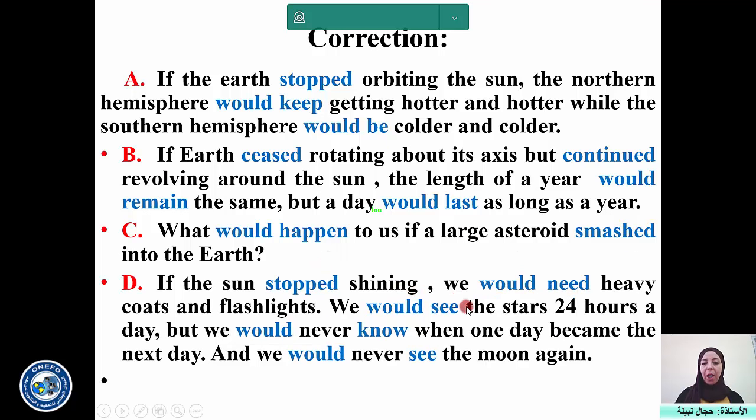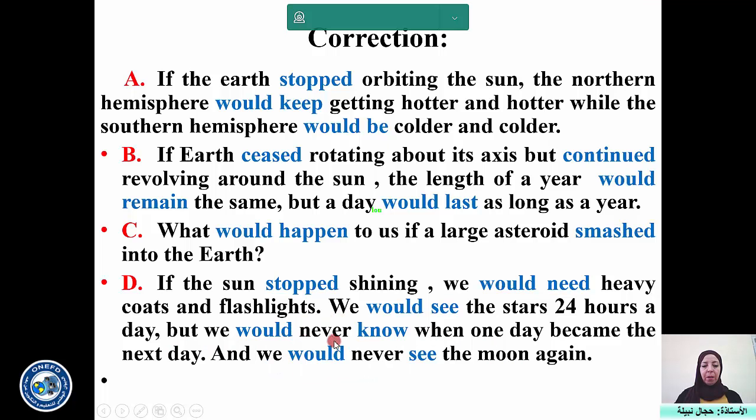If the sun stopped shining, you see, the condition stopped here, so my first verb is in the past simple, and all the other verbs are in the conditional present. Would need, would see, and would never know, would never see. So we would never know when one day became the next day.